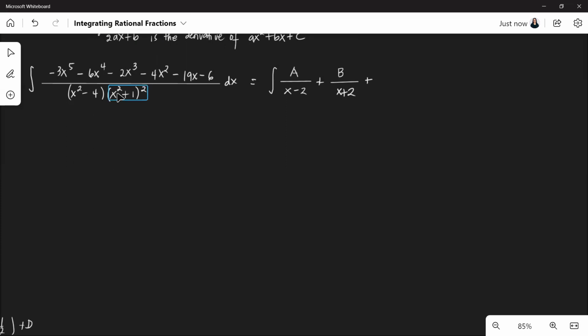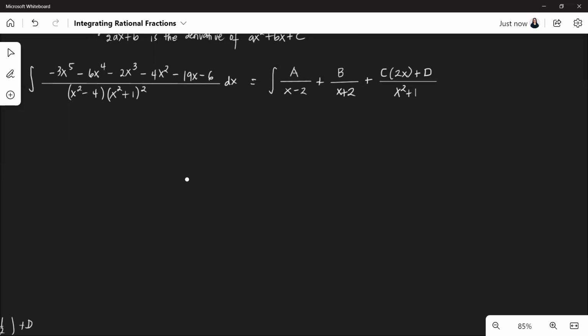So the derivative of x squared plus 1 is 2x plus 0, or just 2x. So meaning constant times the derivative of x squared plus 1, plus constant D. And then all over the quadratic factor raised to the power of 1.